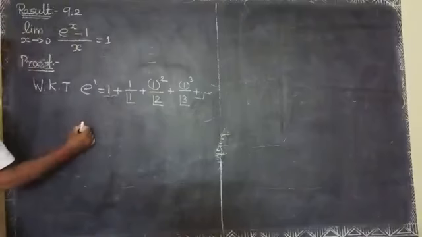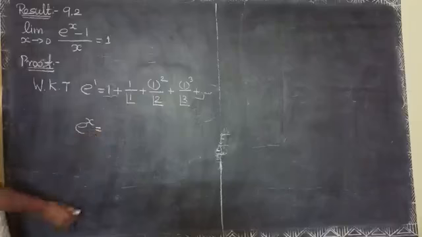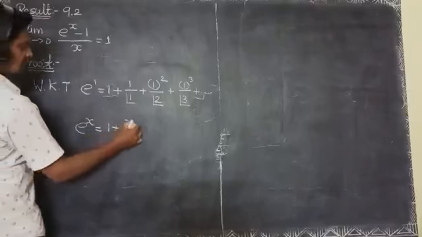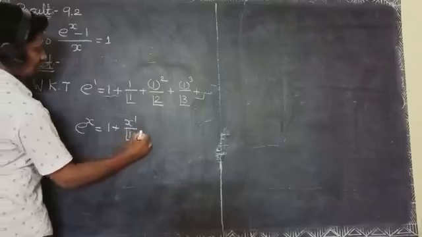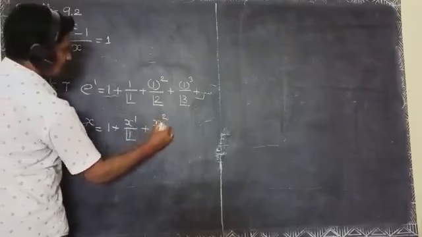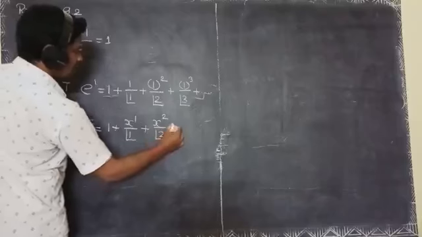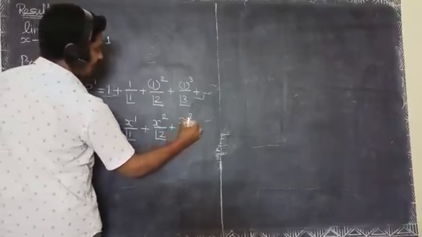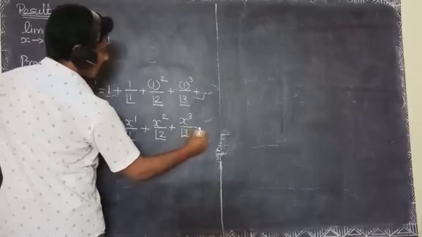Similarly, e^x is equal to 1 plus x^1 divided by 1 factorial plus x^2 divided by 2 factorial plus x^3 divided by 3 factorial plus, and so on.